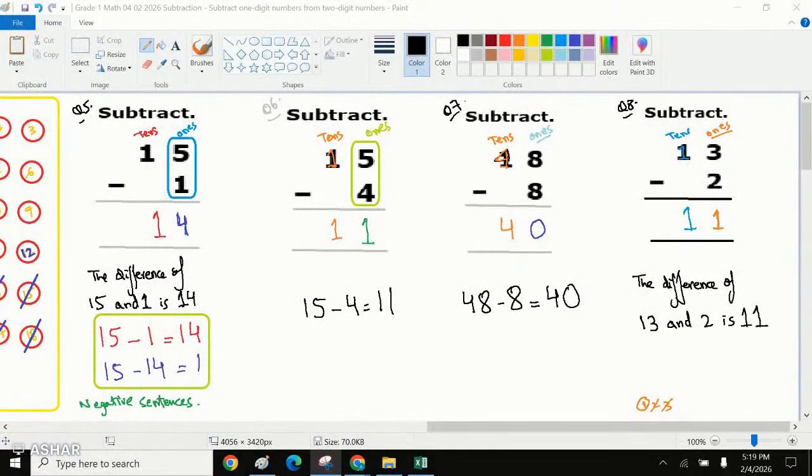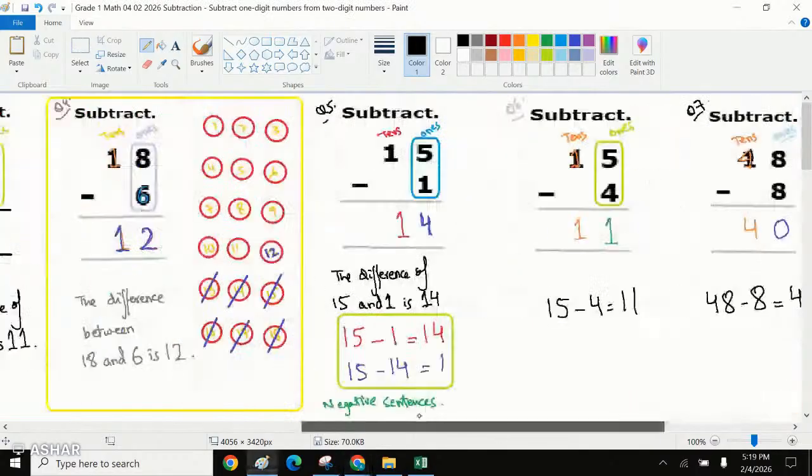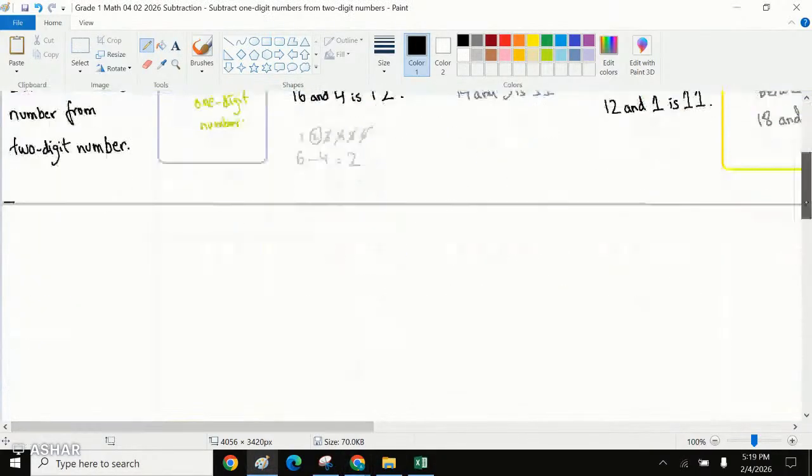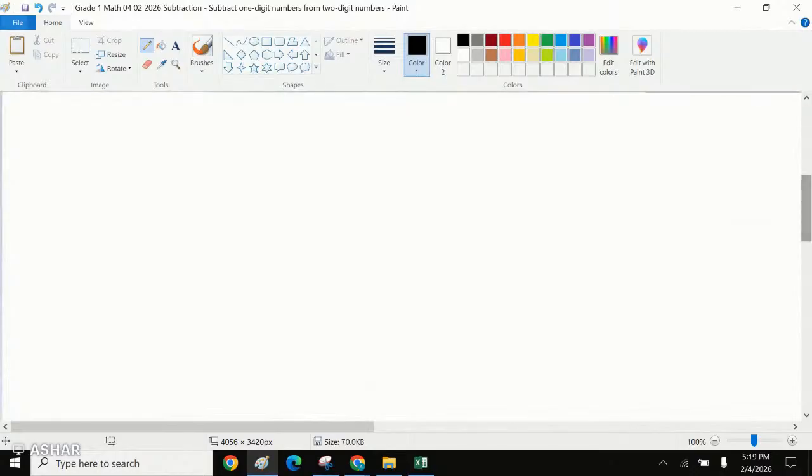The next question, question number 9, says subtract 12 minus 2. Okay, so this is our question number 9.